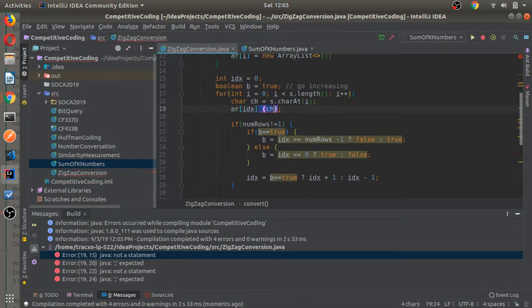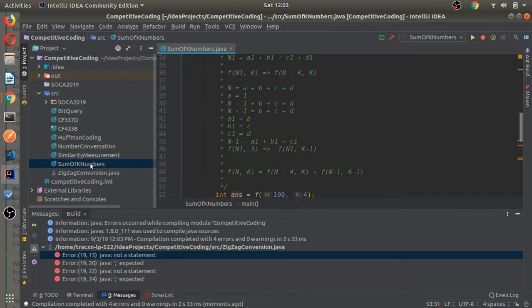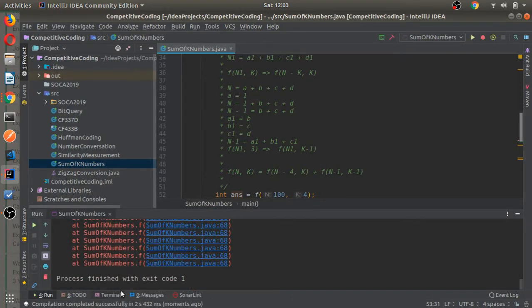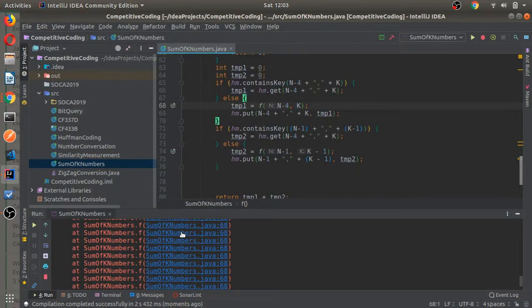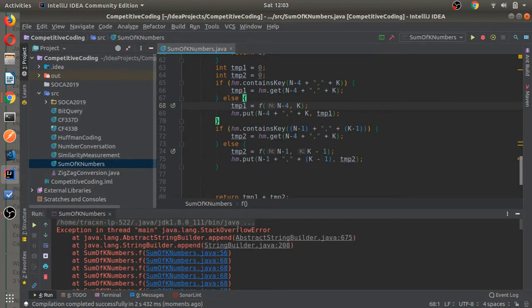Okay, then we have a bunch of errors. What is the error? Stack overflow.